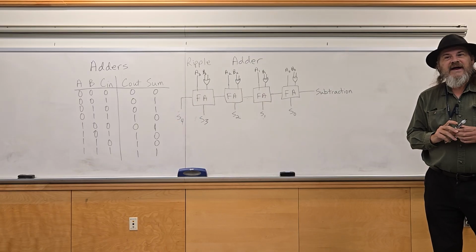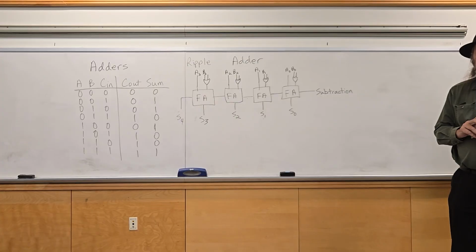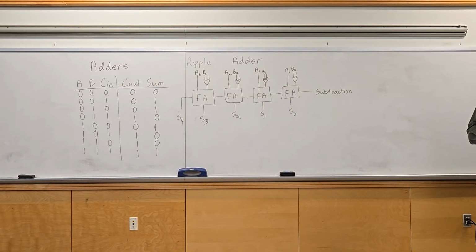You invert it and add 1. You remember to create a 2's complement negative number? You invert the bits and then add 1.